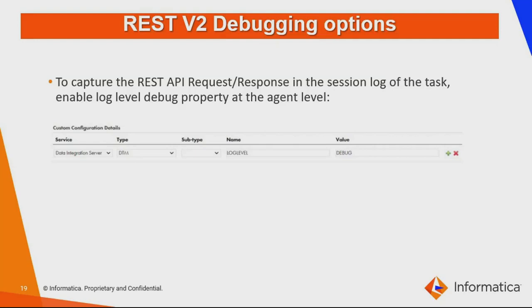Once this property is enabled, it would capture the REST request and the response in the session log of the task. Please note it is advised to enable this property only for troubleshooting purpose as the log size generated would be more. Once the troubleshooting is done, you can revert the flag.